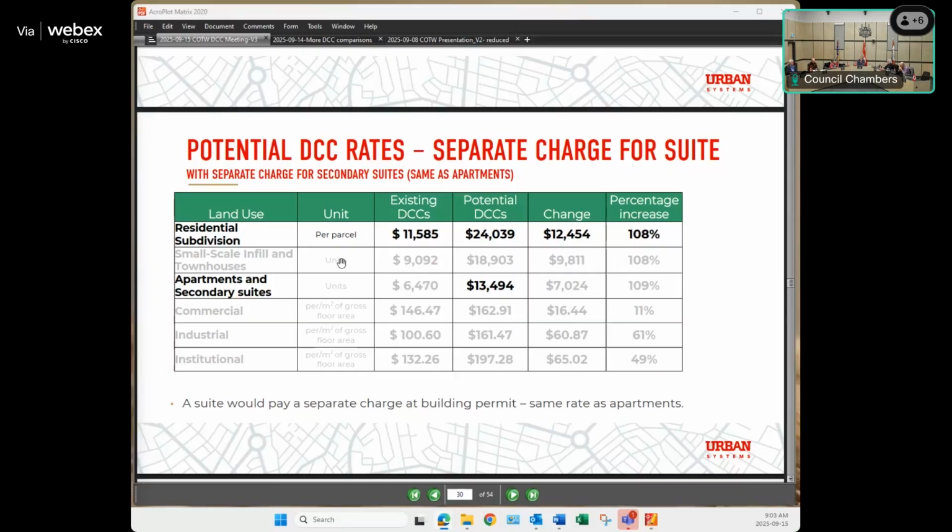I've got a couple of comments before we go around again. I agree with Councillor Roussette's comment on the 108% increase and scratching the $13,500 secondary suite proposal. That's more palatable.